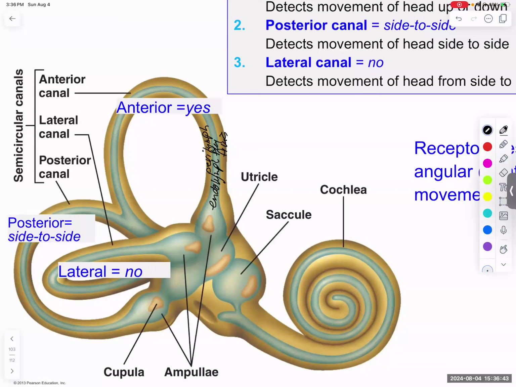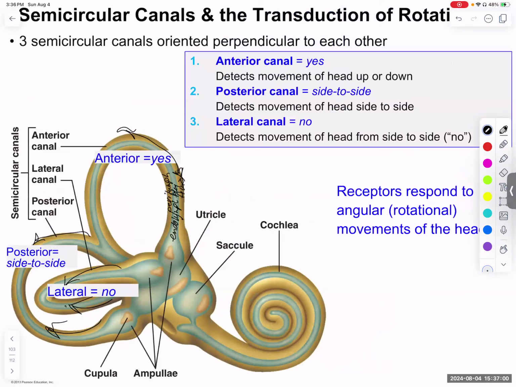And the fluid, by the way, can travel that direction in the semicircular canal, or that direction, or this direction, or this direction. So the direction of the fluid moving in these semicircular canals allows your brain to understand that you're rotating to your right or to your left.